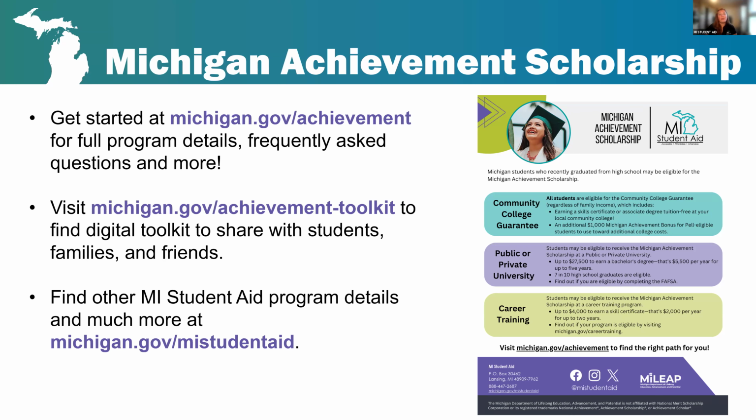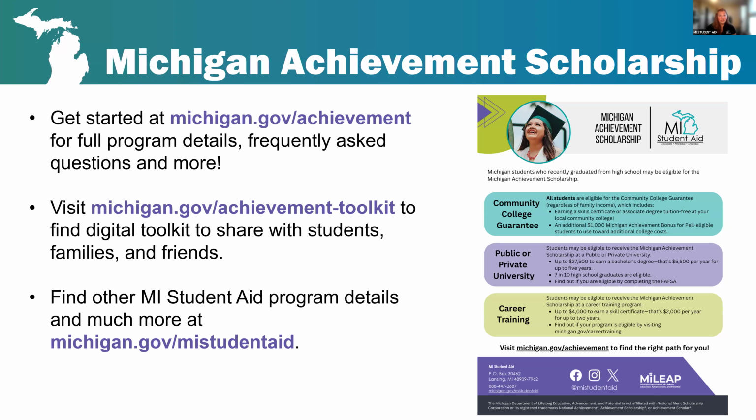So there are now 3 pathways under that Michigan Achievement Scholarship umbrella. And scheduling a Michigan Achievement Scholarship presentation is just giving your students an opportunity to hear about these various pathways.